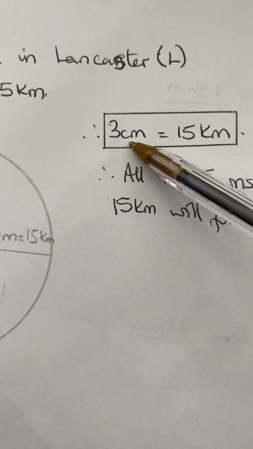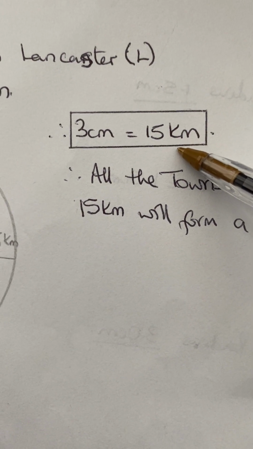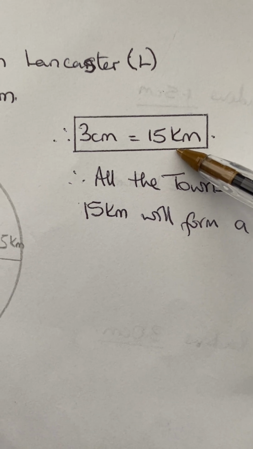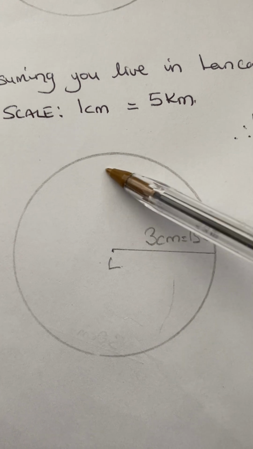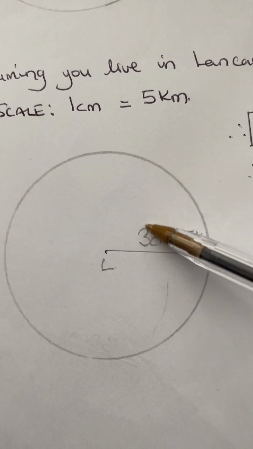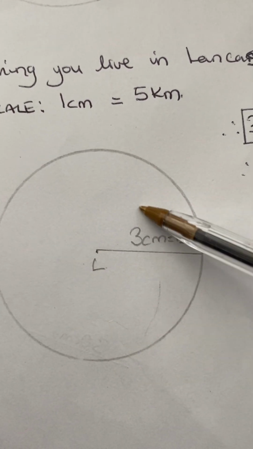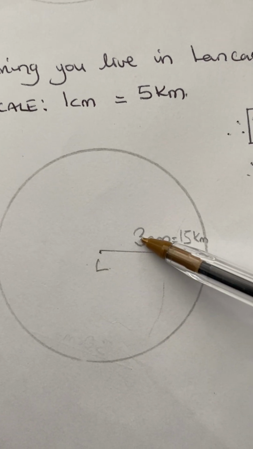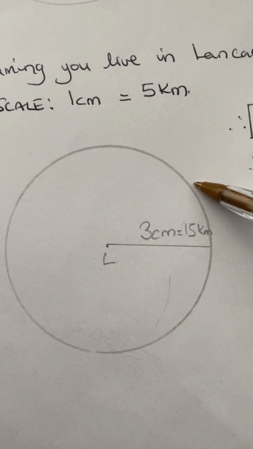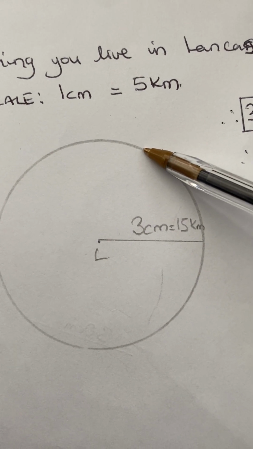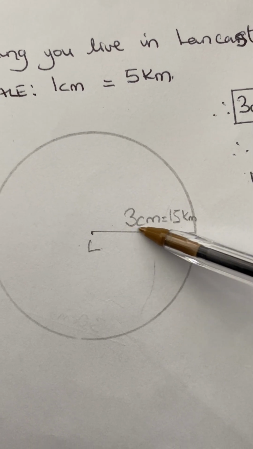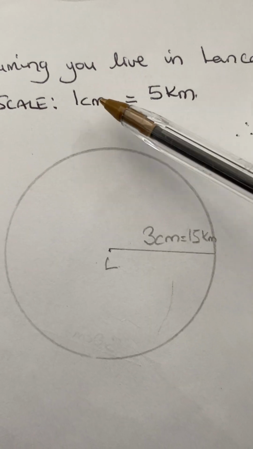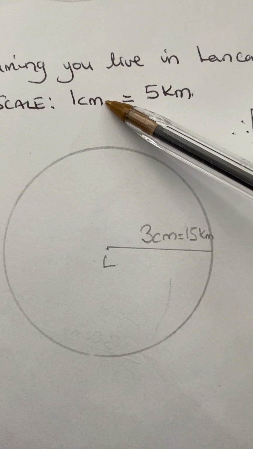So 3 centimeters will be 15 kilometers. So if you are within here, you are not in the locus. They want 15 kilometers, which we've scaled down to 3 centimeters using the scale we've been given.